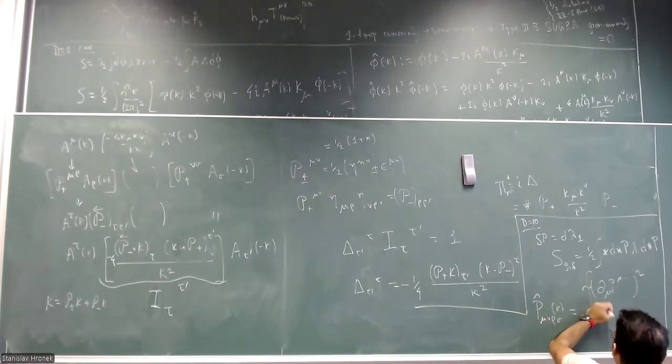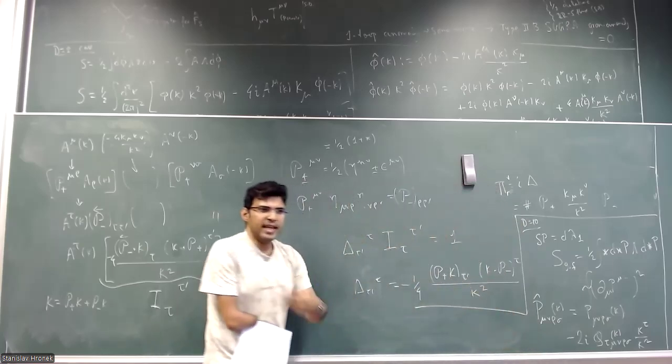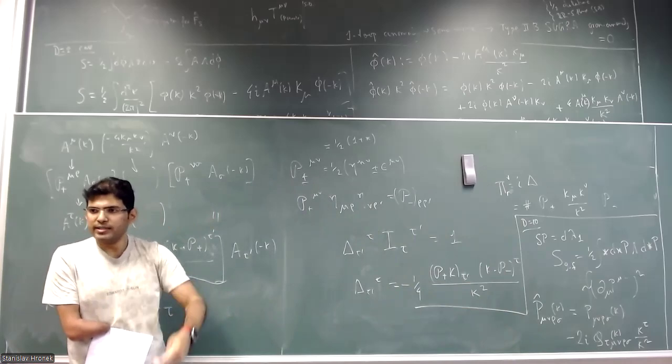And this would be P mu rho sigma, k, minus xi, Q, and then another index tau mu sigma, k tau, over k squared. So it's essentially the same shift you did, except that now you have more indices.